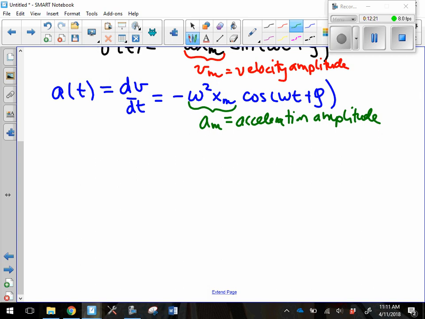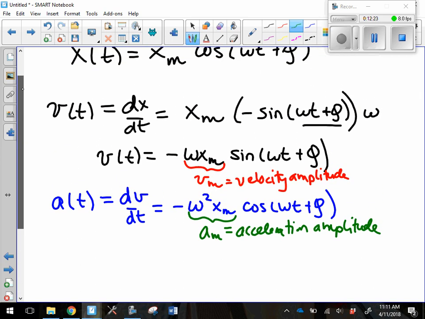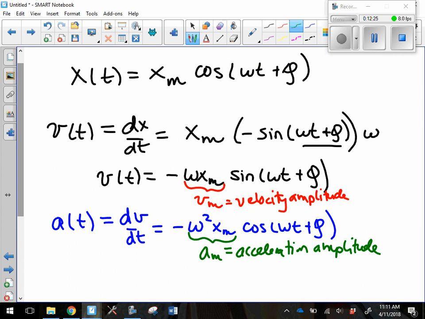Okay. But if you compare the acceleration equation with the original equation, what's this?